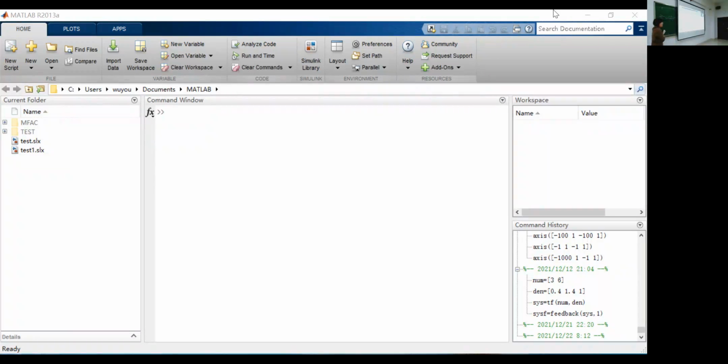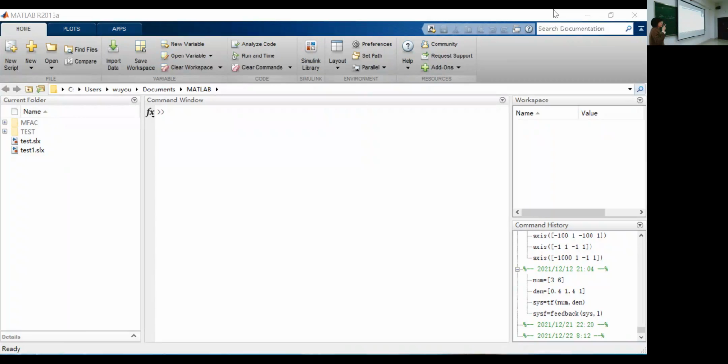Here is an output over input transfer function, the form like this. Then how to write this into MATLAB? If we want to write a transfer function into MATLAB, then we need to deal with the numerator and denominator separately.